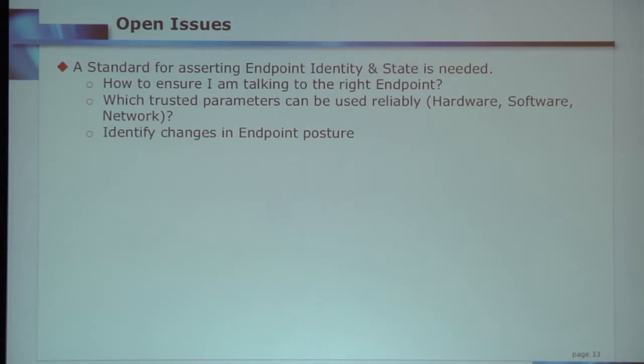So what we're really trying to do here is ensure I'm talking to the right endpoint, right? What parameters can I use reliably to establish device identity and state? Hardware, software, network elements, a combination of all those. So if I'm installing additional software on an endpoint, or if I make minor configuration changes, am I still talking to the right endpoint? Is that still the same endpoint?